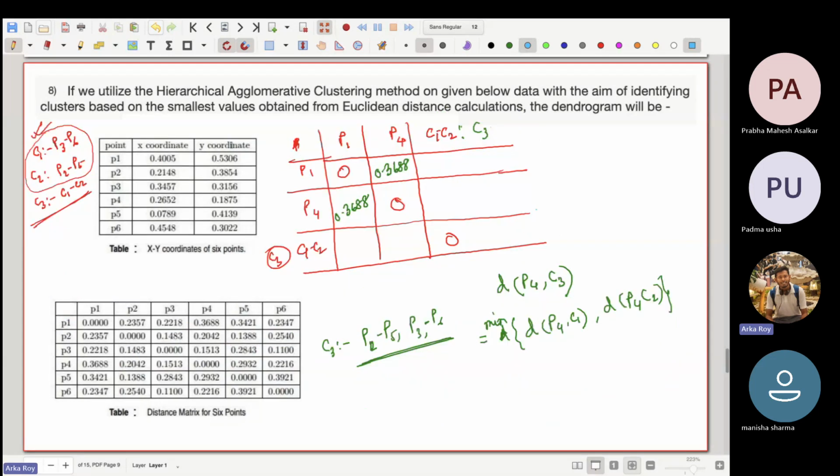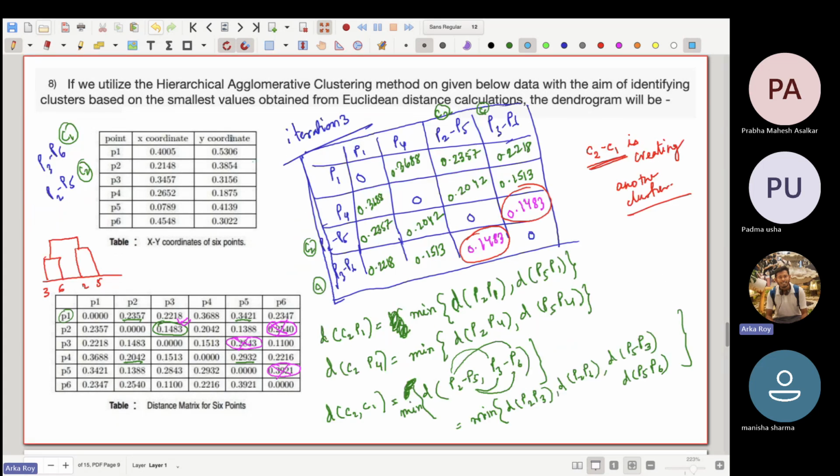So we have to calculate P4 से C1 का distance. See, P4 इस मैट्रिक्स में है, यहाँ पे P4 है, P4 से C1 का डिस्टेंस. So this was C1 का डिस्टेंस 0.1513.